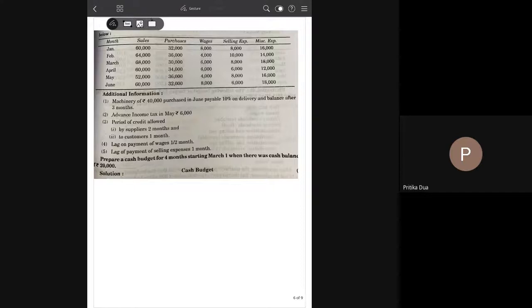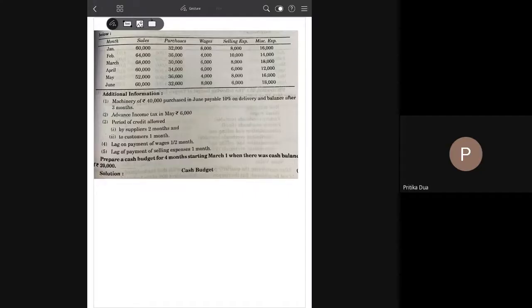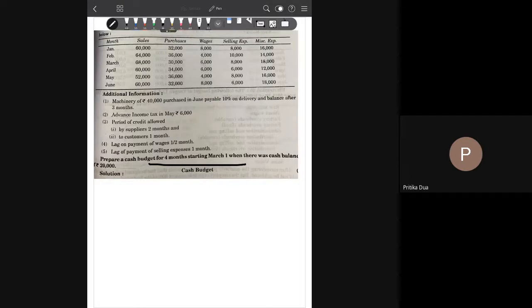Okay, you need to prepare the cash budget from March to June. It is not mentioned in the question. Ma'am, it is written prepare a cash budget for 4 months starting. Okay, yes. Sorry, I just missed that. So March, April, May, and June. You need to prepare the budget. And start preparing. Any point that needs explanation, let me know.